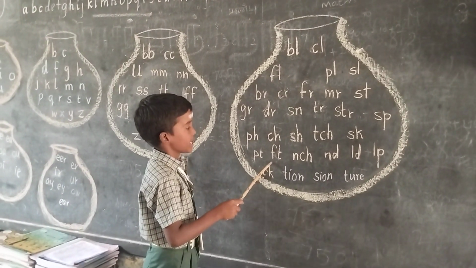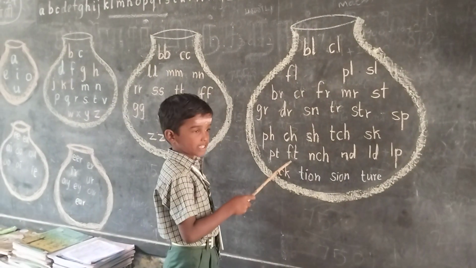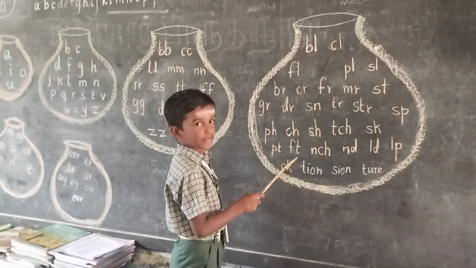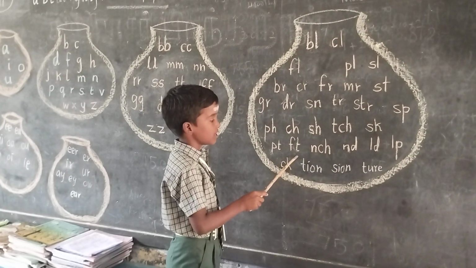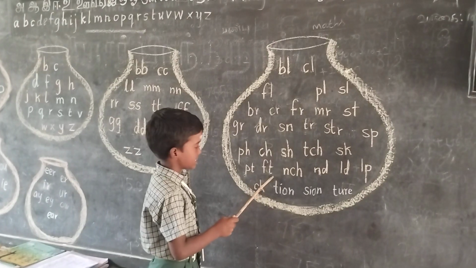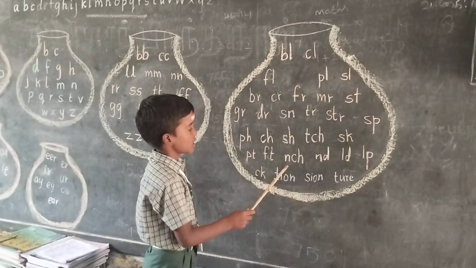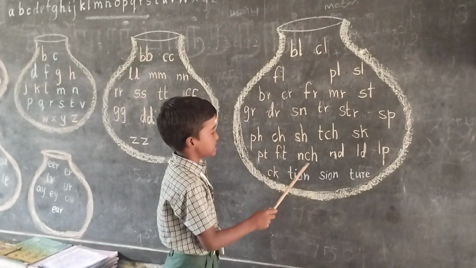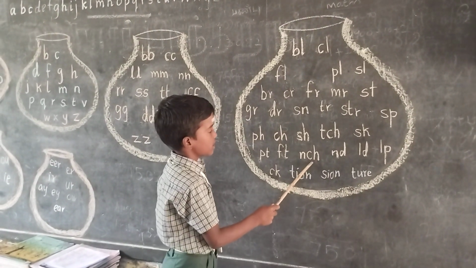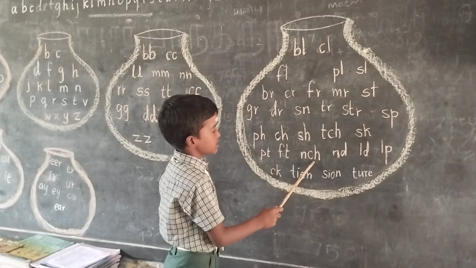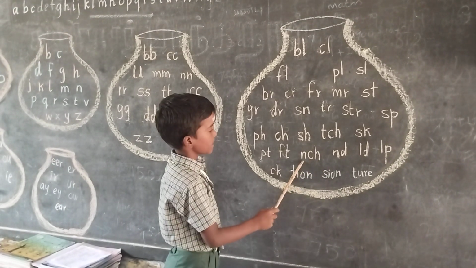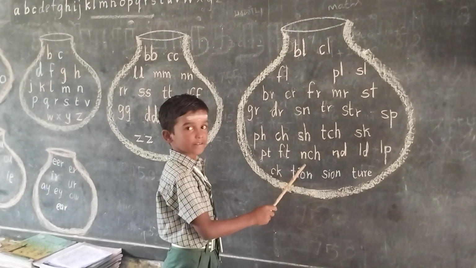The combination of letters FT as a sound. For example, left and lift. Good. The combination of letters NCH as a sound "nch": inch, bench.